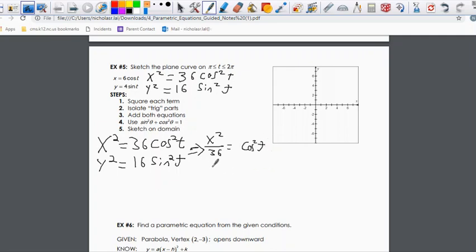And y squared over 16 is equal to the sine squared of t.